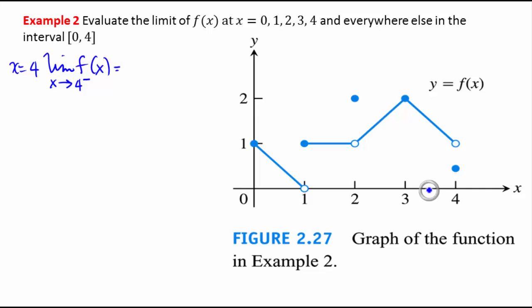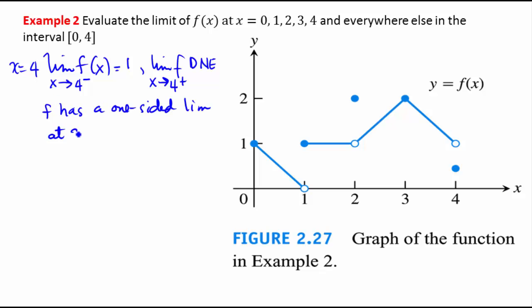So here my x's are approaching 4, and the y values approach 1. And of course, the limit of f as x approaches 4 from the right does not exist because the function is not even defined there. Okay, so f has a one-sided limit at x equal to 4.